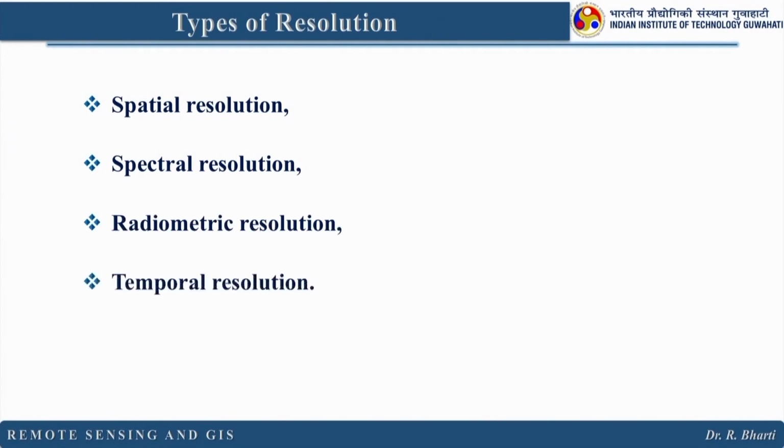There are 4 different types of resolution which are actually considered in satellite remote sensing or maybe airborne remote sensing data. Here you can see spatial, spectral, radiometric and temporal resolution of any data.